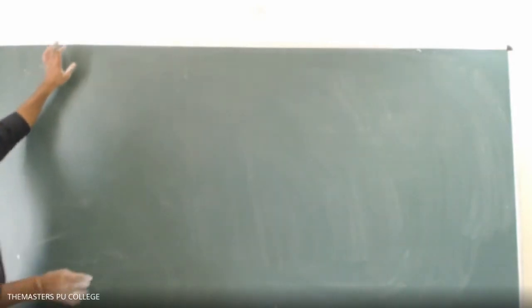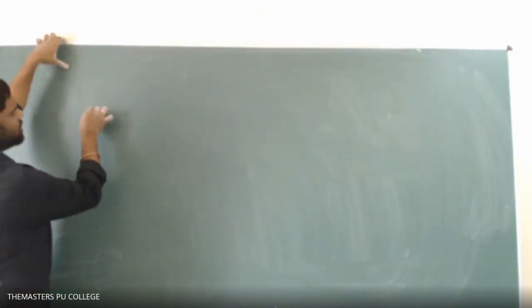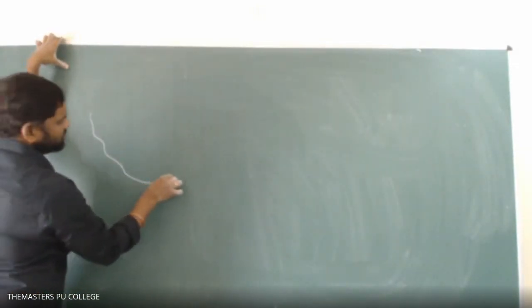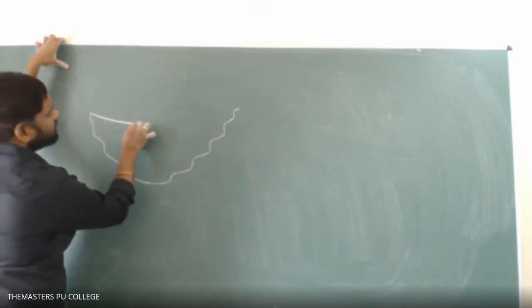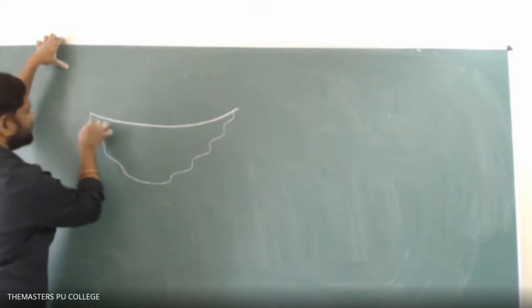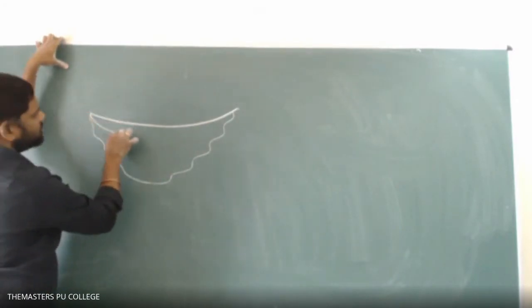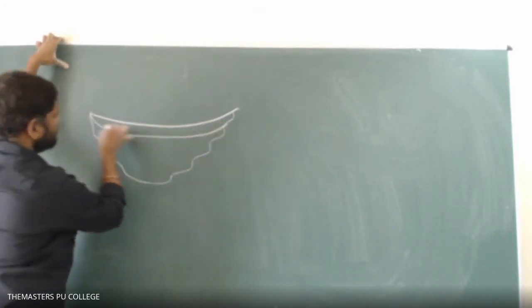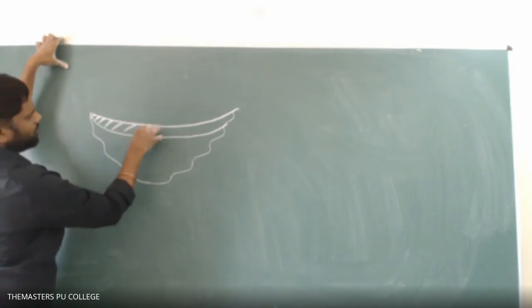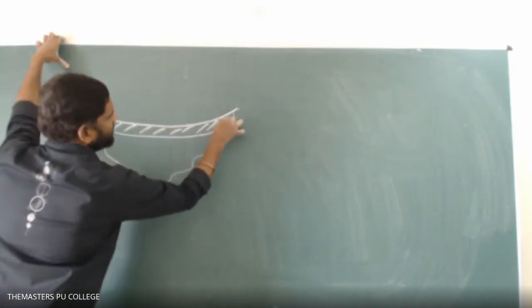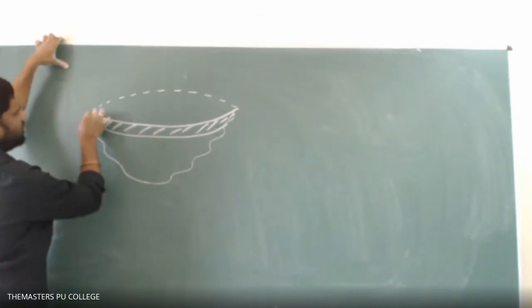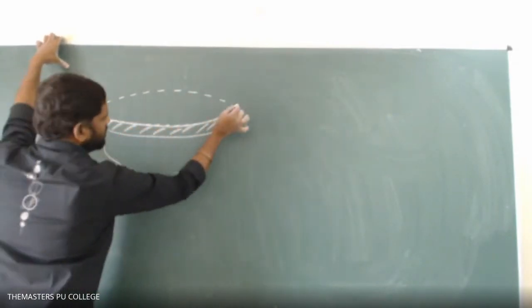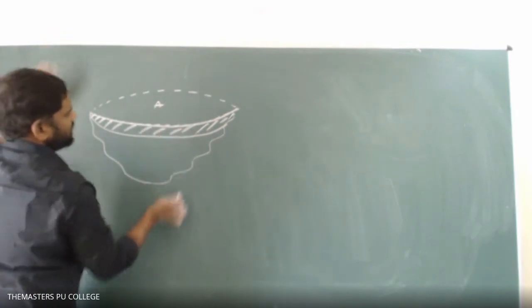First listen. How the ice layer will be formed, in anomalous expansion of water we have seen. This is our area here.